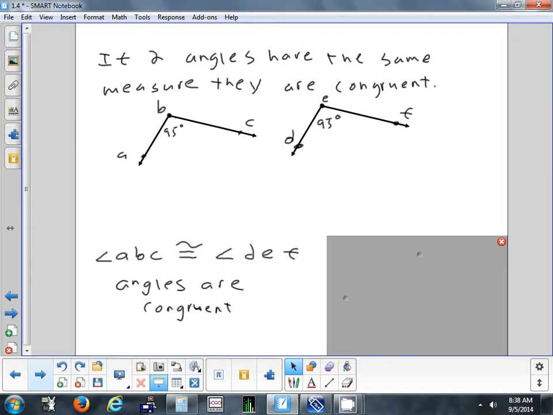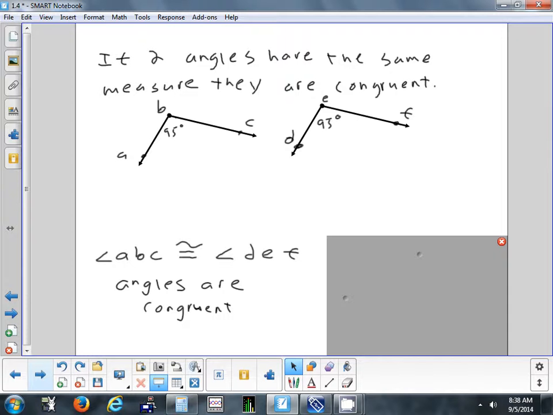Since they both measure 95 degrees, they are congruent. So angle ABC is congruent to angle DEF. Notice I didn't put an equal sign between them. I used the congruence symbol. The congruent symbol is used when you're talking about the actual object.